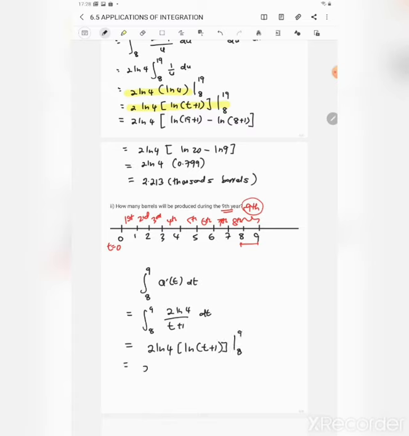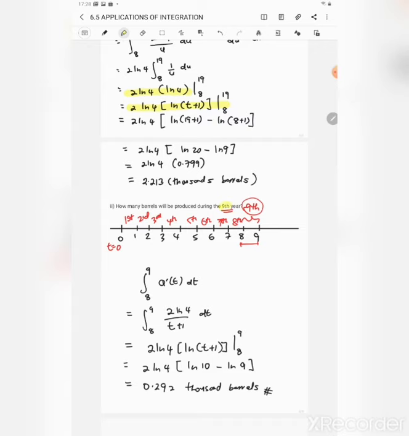Now we substitute: ln of 9 plus 1, we get ln 10, minus ln of 8 plus 1, we get ln 9. You can press your calculator, we get the value 0.292 thousand barrels. This is the step for number 2.